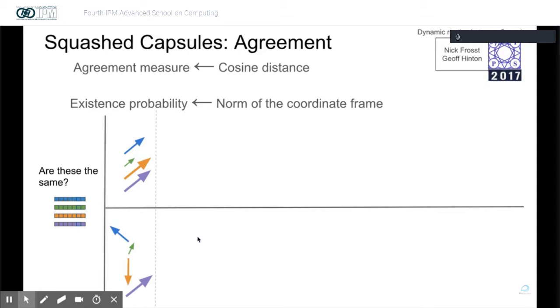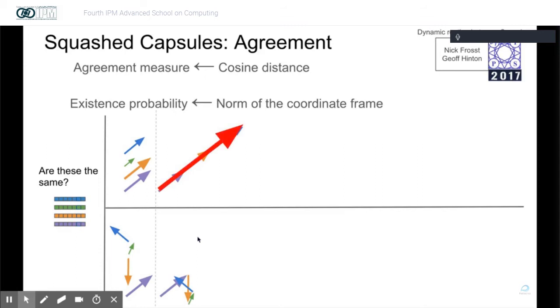Consider the following two cases. In the first case, the top half of the figure, the vectors have the same orientation. In the second case, the bottom half of the figure, the vectors do not align. What does the sum of these vectors look like?